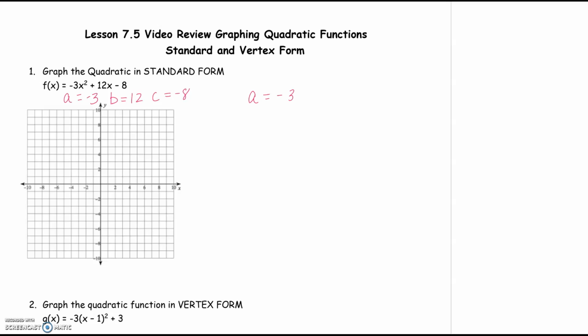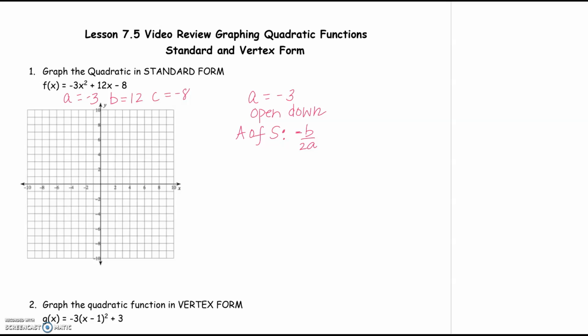A equals negative 3. So that's going to tell us that this parabola is going to open down, because if it's negative, it opens down. The next thing it wants us to do is the axis of symmetry. I'm abbreviating it, A of S. That's always negative b over 2a. Where do I get these values? From what I identified. So I'm just plugging it in.